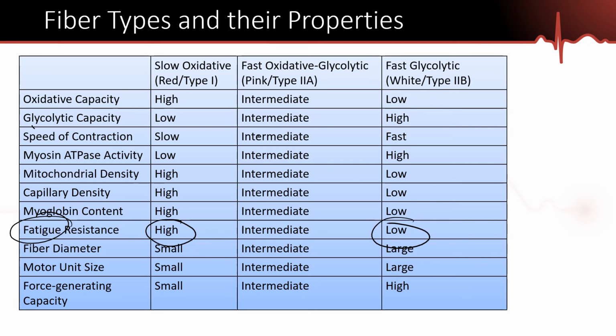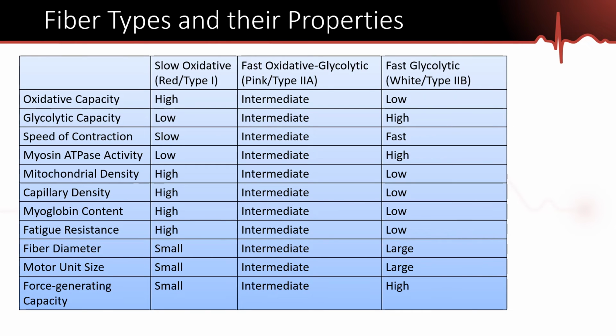So, big picture, slow twitch muscle fibers, especially the slowest slow twitch muscle fibers, are incredibly fatigue resistant. They don't really fatigue. They have very low ATP demands, and their ATP demands can be easily met. Compare that to faster twitch fibers. They have enormously high ATP demands, which probably can't be met for long periods of time, and thus they fatigue quite easily.